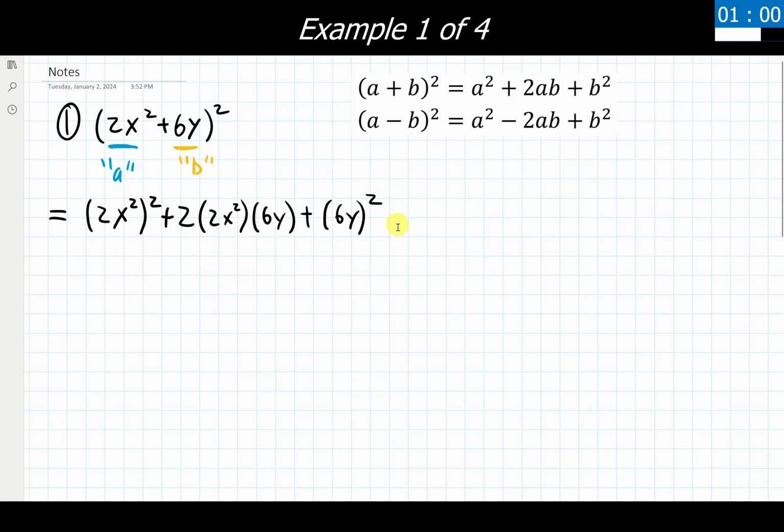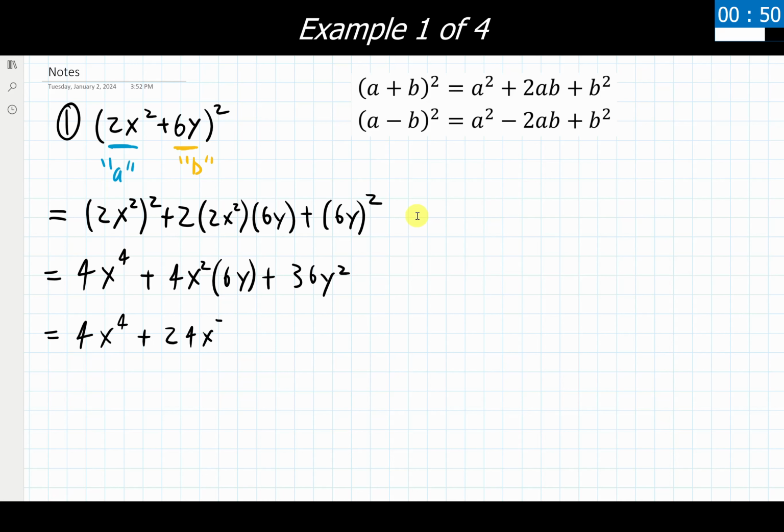So let's simplify this down and get to our final answer here. And here we have our final answer of 4x squared plus 24x squared y plus 36y squared. And we are good to go.